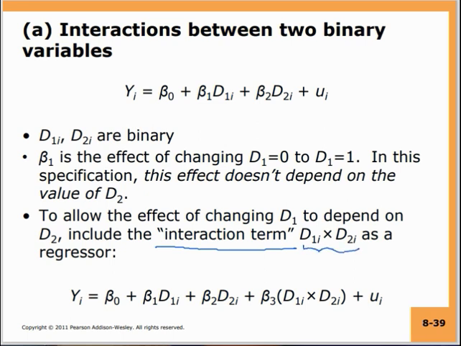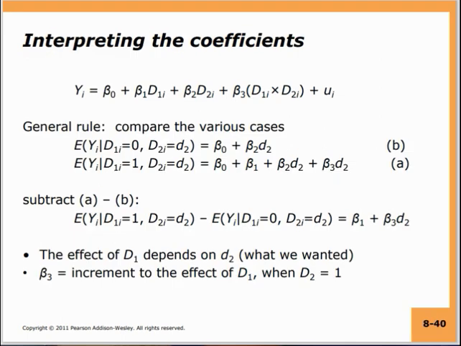We include this new term in the original regression, and we call it the interaction term. We will see how this interaction term allows the effect of a change in d1 on y to depend on the level of d2. We will see how that works.